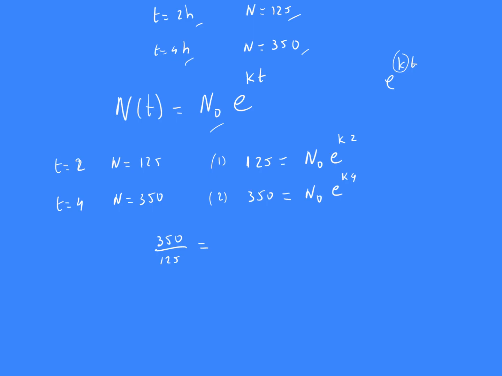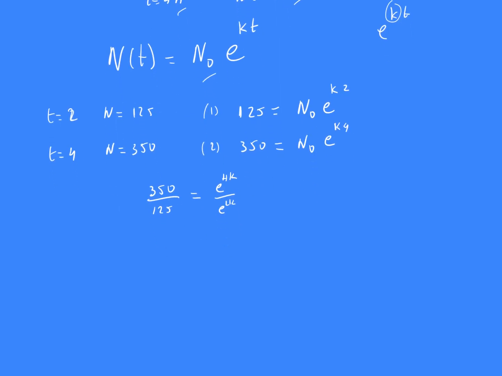The N0 will cancel, and e to the 4k divided by e to the 2k. So 350 divided by 125, if you reduce, will be 14 divided by 5. And e to the 4k divided by e to the 2k will produce e to the 2k. And now what I want to find is the k.